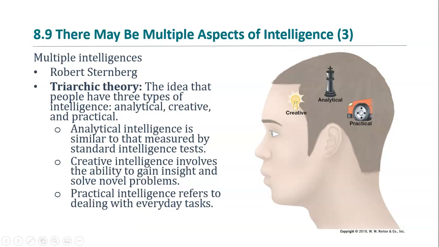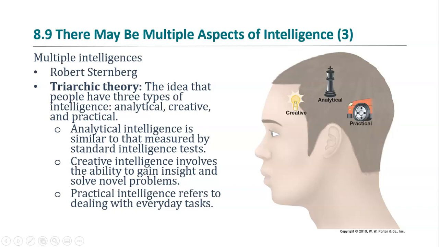Robert Sternberg, who at the time was at Yale, developed a triarchic theory of intelligence. There's analytical intelligence, which is the stuff that standard IQ tests measure: defining words, solving problems, doing math.